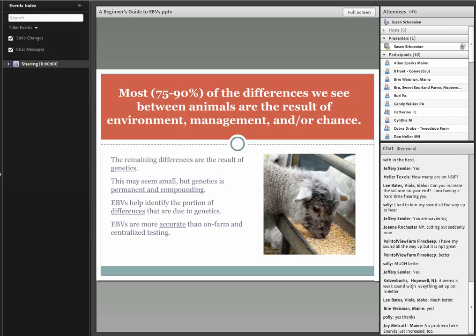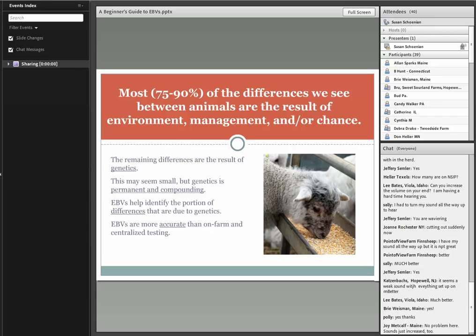So about 75 to 95%, 90% of the differences we see are the result of the environment or management. All too often, people will say, I'm going to buy that buck or that ram. He's really big. I can tell you, you're buying that producer's management and environment in most cases. Feed them more, they grow more.